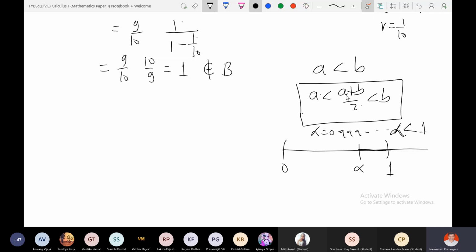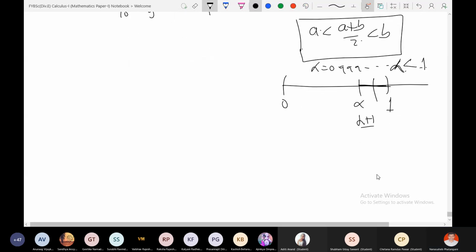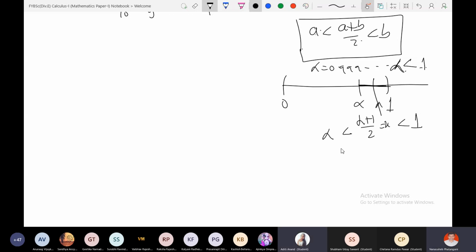Suppose this alpha is less than 1. What will happen? Where is alpha plus 1 by 2, the mean of these two? The mean is here. Is the mean less than 1? Is it greater than alpha? Yes. That means what?